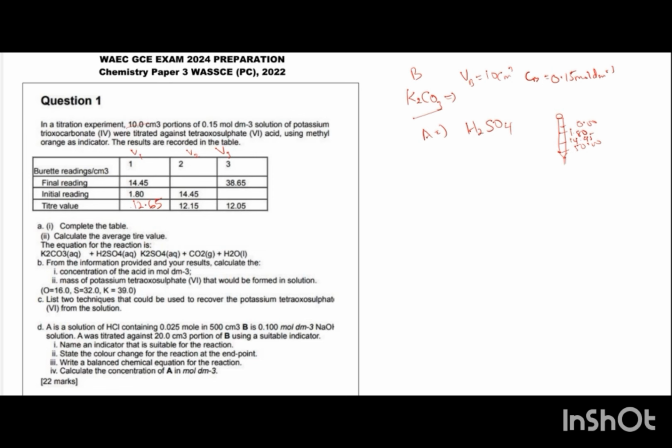Then here we are told that 12.15 was used. To know the actual volume here, we just add this together: 14.45 plus 12.15.